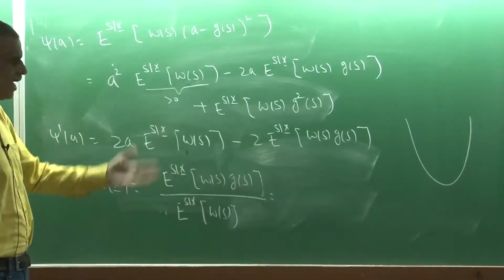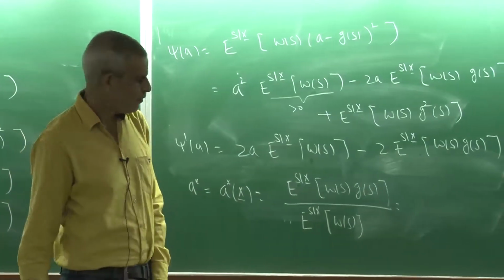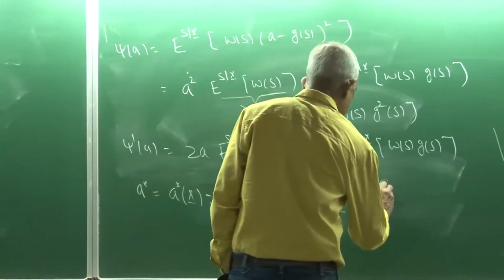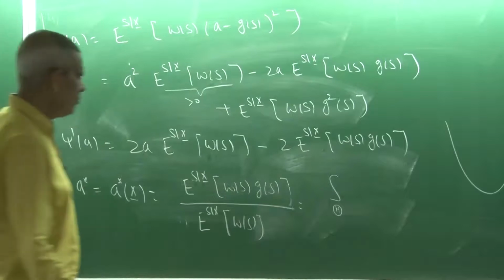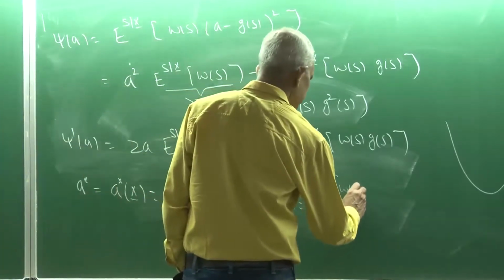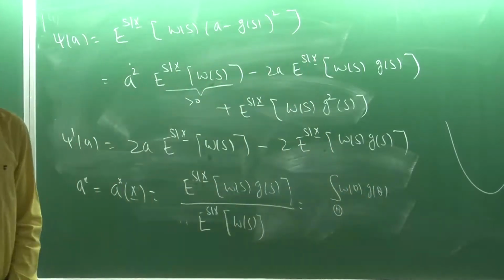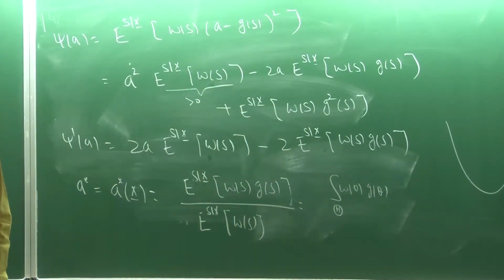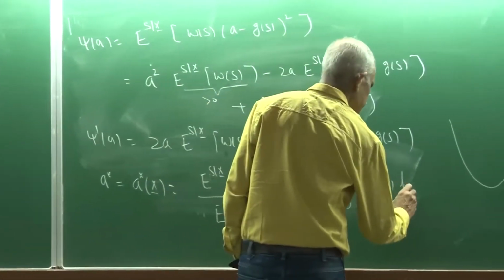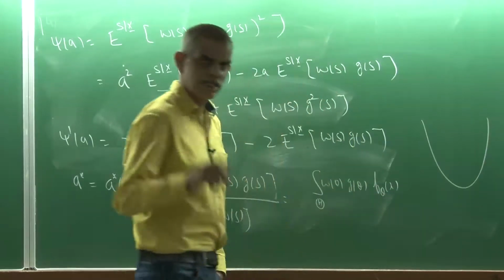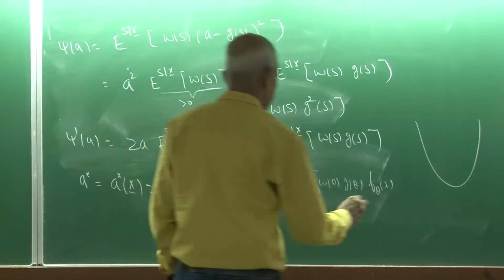So, it is as if I am integrating both numerator and denominator with respect to the joint distribution of X and S, which is nothing but the integral over theta, because S is a variable, W theta G theta into the joint density of S and X, which is the same as the conditional distribution of X given S equal to theta, which is F theta X, then the distribution of S, which is the prior distribution, d pi theta.